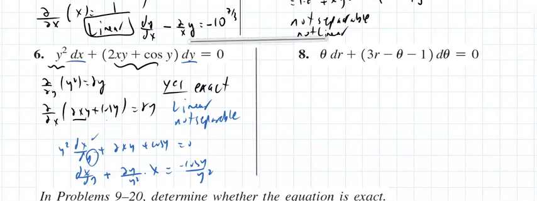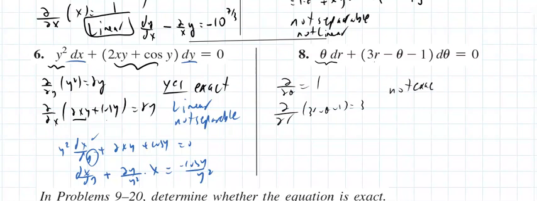And if I look at the next problem, if I take the partial with respect to theta, that is 1. And if I take the partial with respect to r, so this is not exact. Separable? No, I can't separate those for sure.